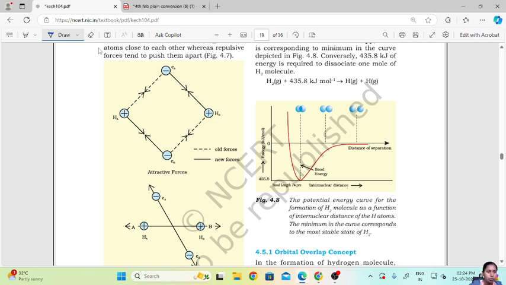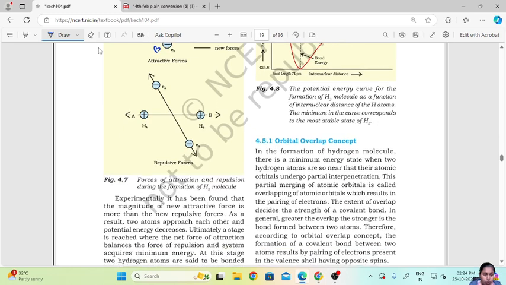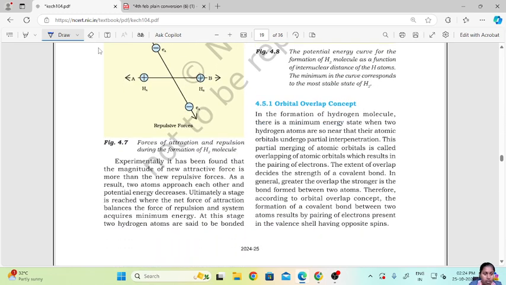Here you can see this is the nucleus of atom A and this is the electron of atom A. But when both the atoms start coming towards each other, there will be an attractive force between the nucleus of A and the electron of B. So these are the new forces that are generated. The new attractive forces which are formed are more than the new repulsive forces which are generated.